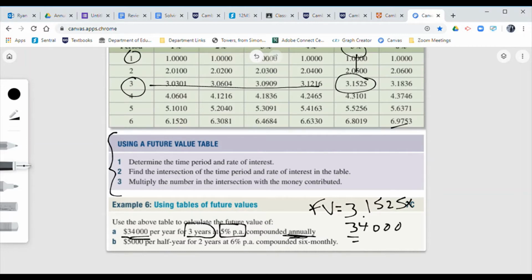I can only write on the picture, so I'm going to have to erase this once I've got it done. 3.1525 times 34,000. And that is equal to $107,185 would be the value for that one right there.